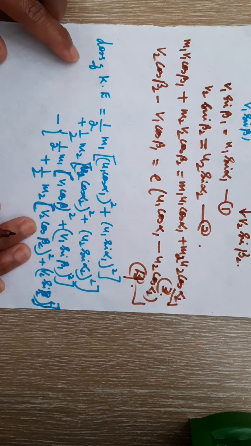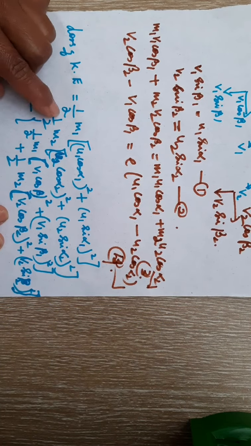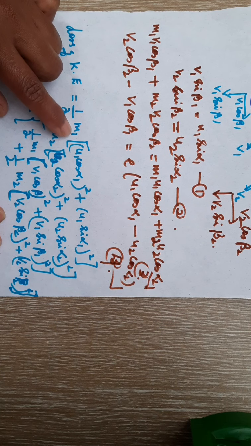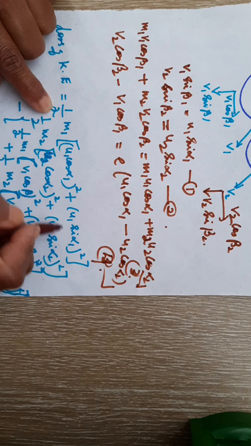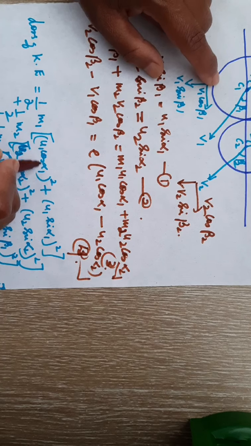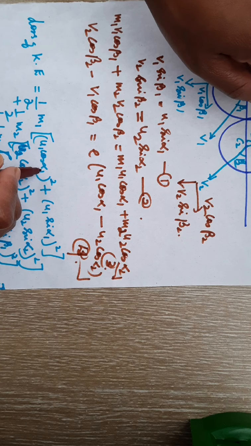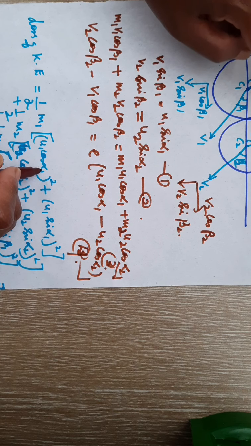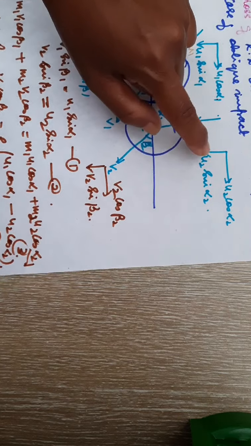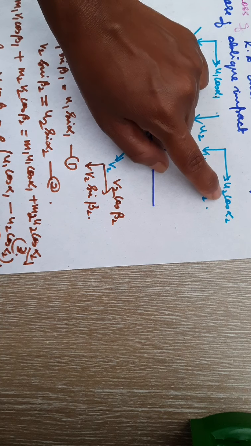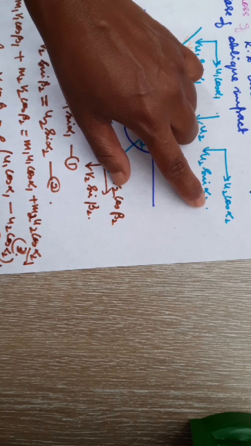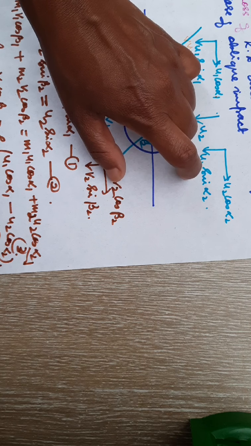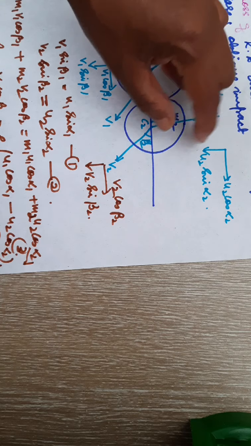Now we know by the formula, the kinetic energy is half of mass into the square of its velocity. For the first sphere, the velocity is u1 cos alpha 1 along the line of centers, and perpendicular to it, u1 sin alpha 1. Similarly, for the second sphere, it will be u2 cos alpha 2 along the line of centers, and u2 sin alpha 2 perpendicular to the line of centers, that is before impact.